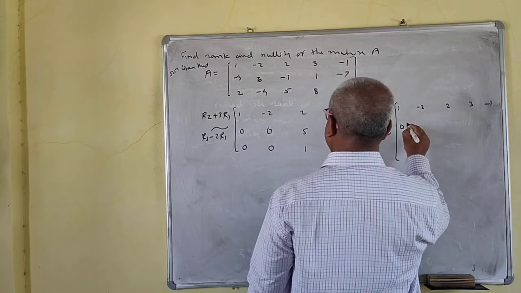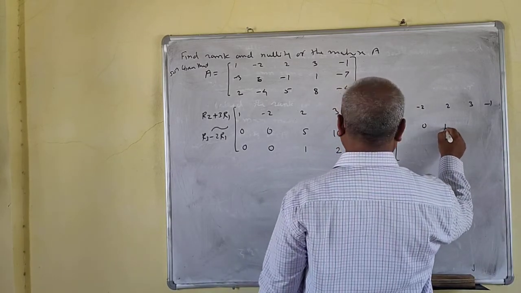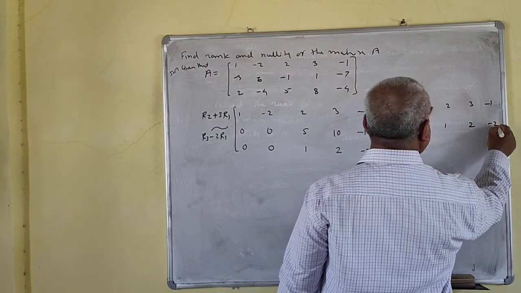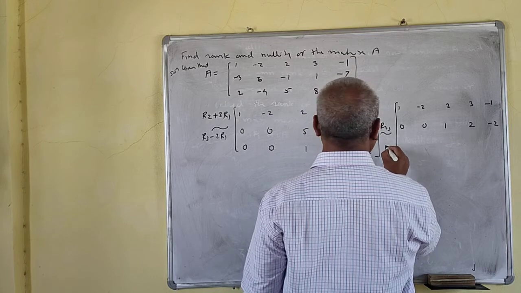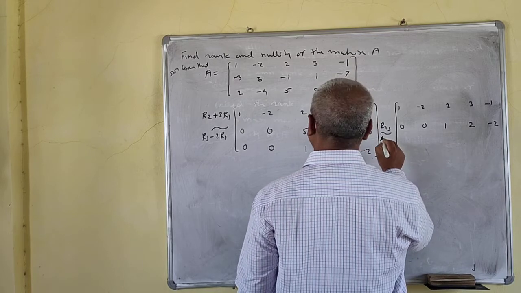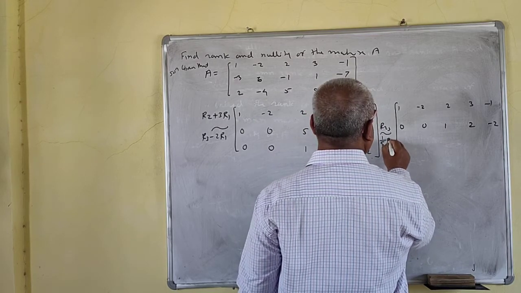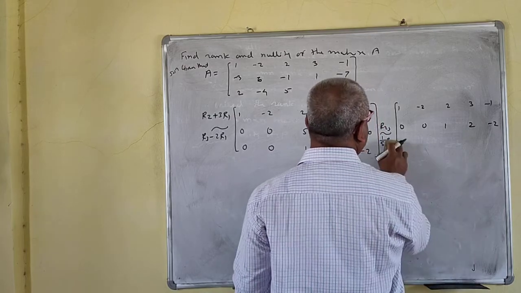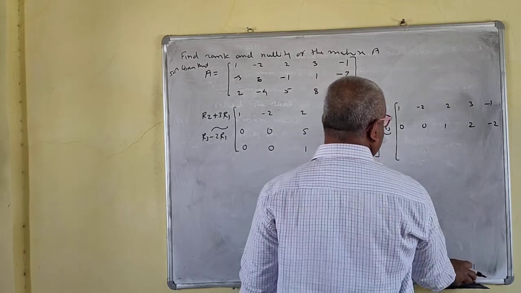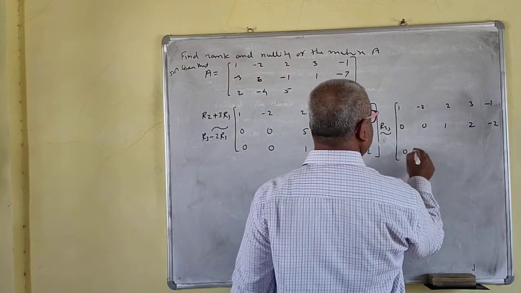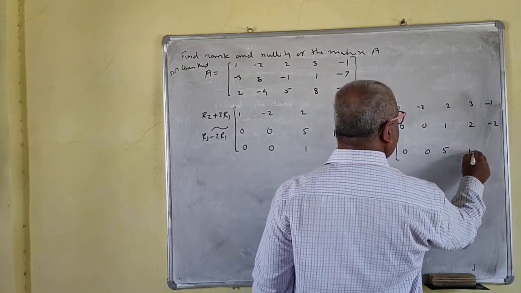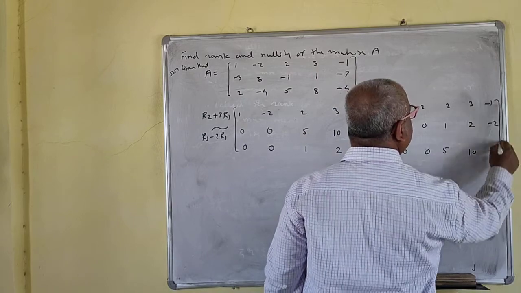Then 0 0 1 2 minus 2. You may do this. Okay, so we will also do this 1 by 5. You are changing this, so we are not writing here because we are interchanging this. We cannot do this operation here. So 0 0 5 10 minus 10. Okay.